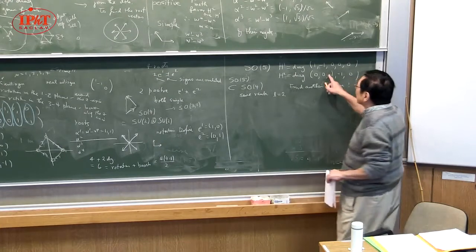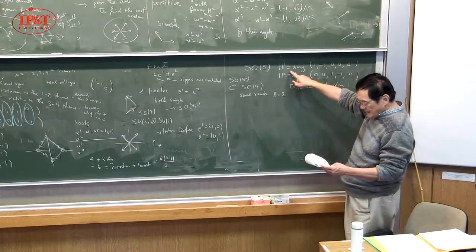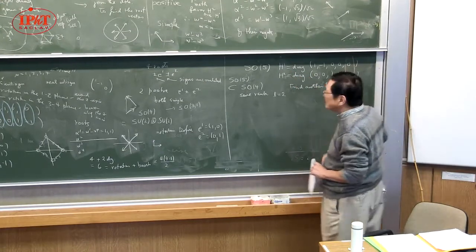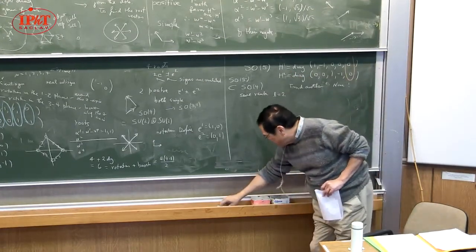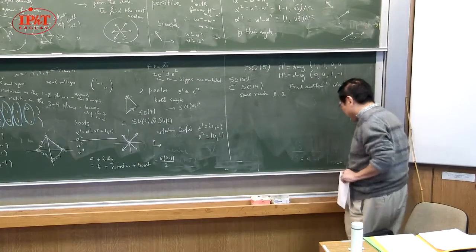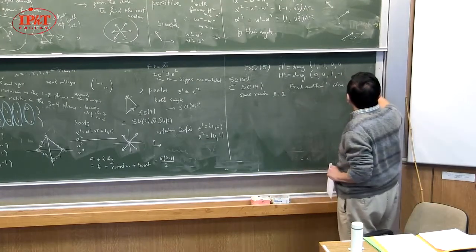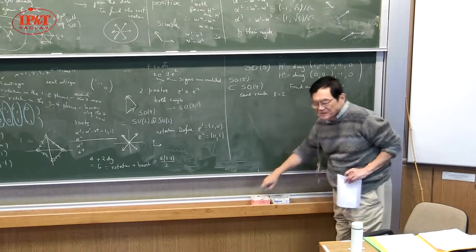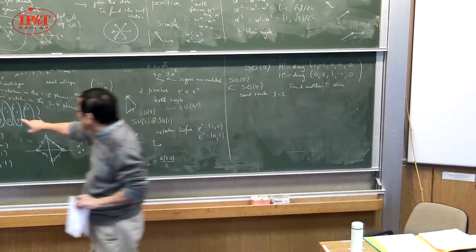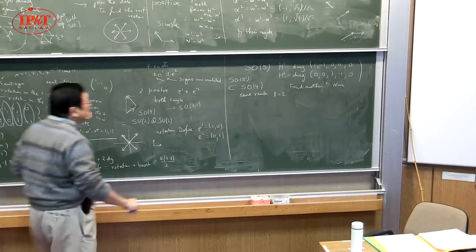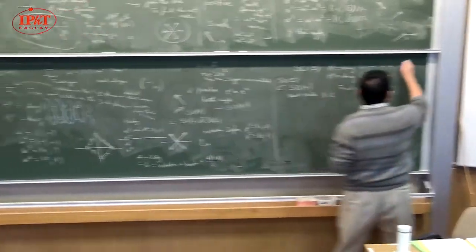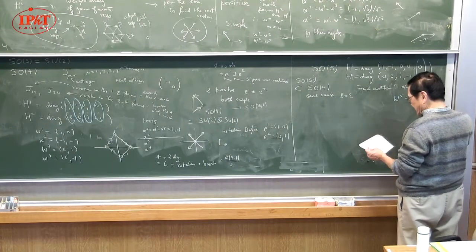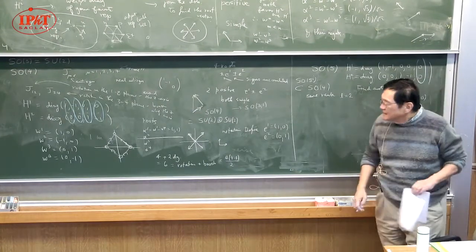But then there's one more weight, right? In fact, let me be consistent and use the same color. Here I have 4 weights, and now here I have one more weight. W5 is equal to (0, 0).